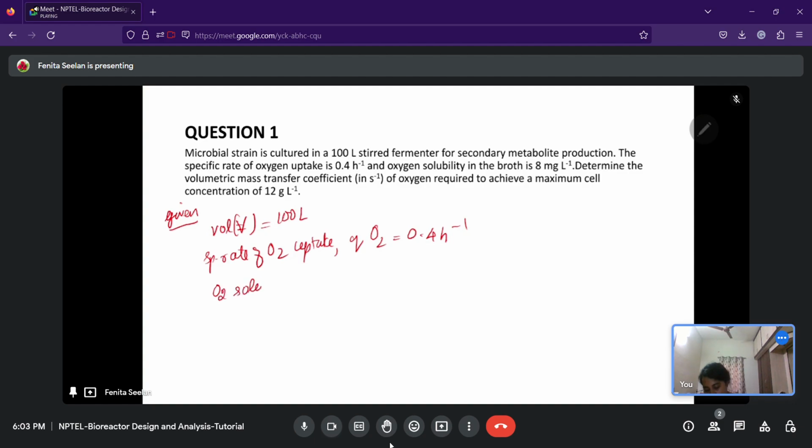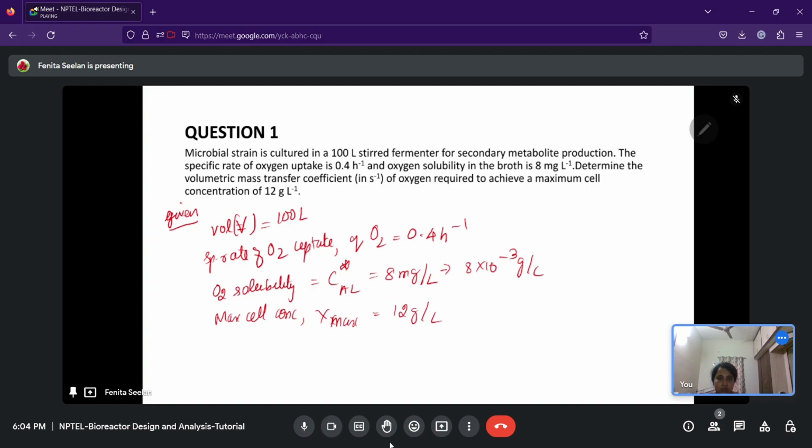Oxygen solubility is 8 mg per liter. We convert this to gram per liter, which is 8 into 10 to the power minus 3 gram per liter. So the maximum cell concentration, which is X max, is 12 gram per liter.